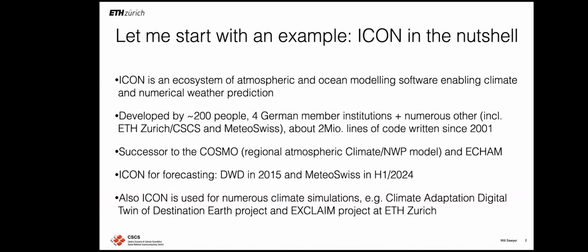And there are prominent projects such as the Climate Adaptation Digital Twin for the Destination Earth project, or the XCLIM project at ETH Zurich, that are also using the same model software.